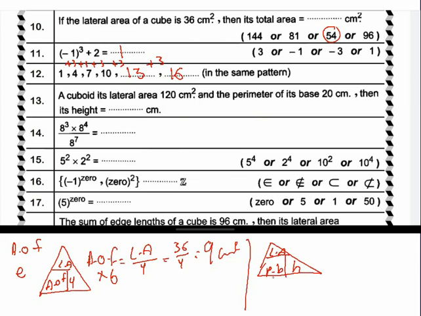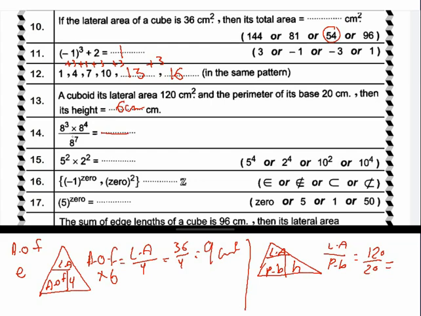Lateral area divided by perimeter of the base. Lateral area equals what? 120, and perimeter of the base equals 20, so the result will be 6 centimeters. Yes, very good.